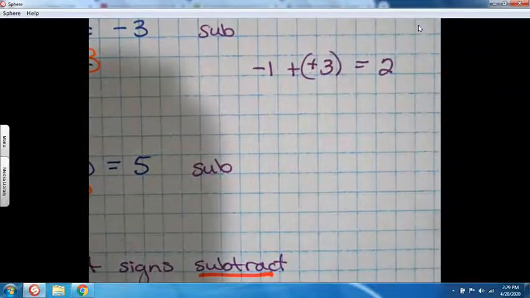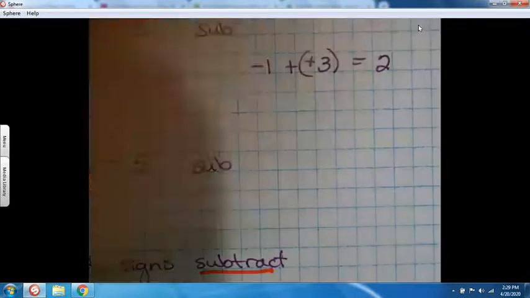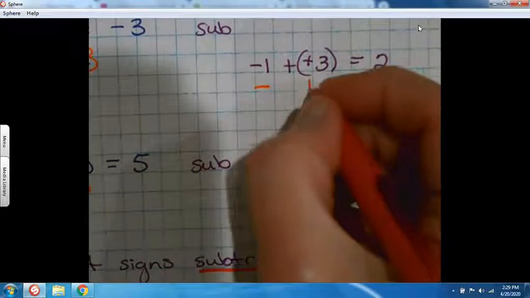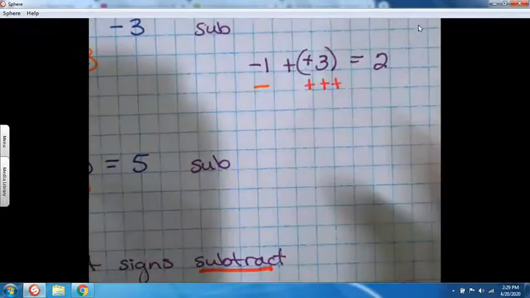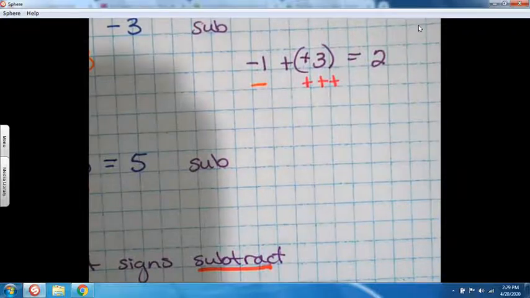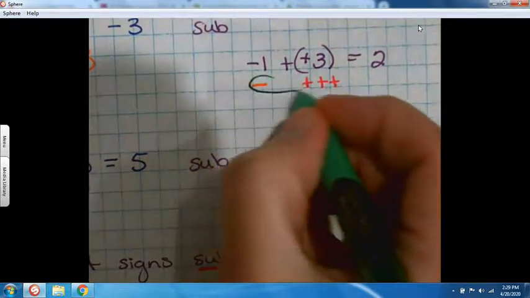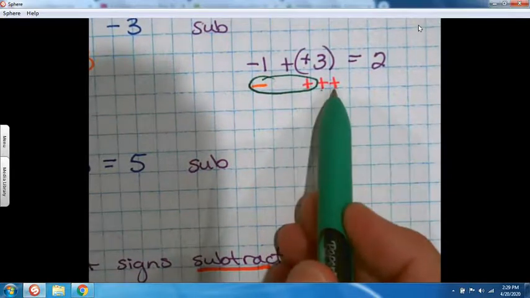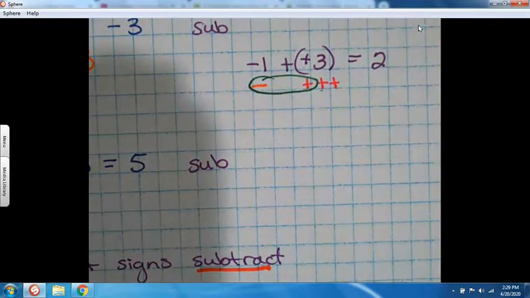And once again, you can draw your zero pairs. So here we have 1 negative, and we have 3 positives. And if we circle our zero pairs, what do we have left over? We have 2 positives. That's where we got the answer from.